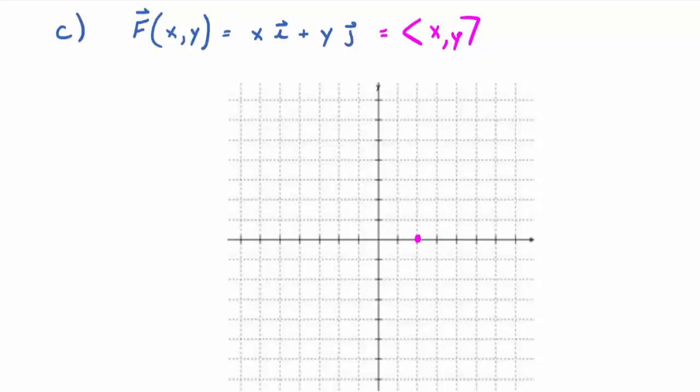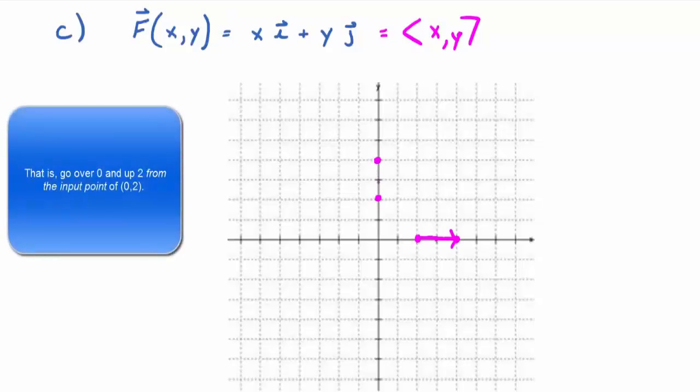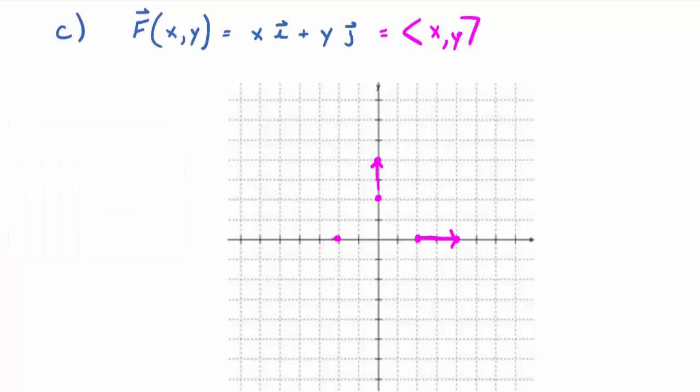The tail is the input, and I would go over 2, up 0, like this. Whereas if I made the input 0, 2, then the tail is at 0, 2, and I would go over 0, up 2. If I made the input negative 2, 0, I would go over negative 2 and up 0.